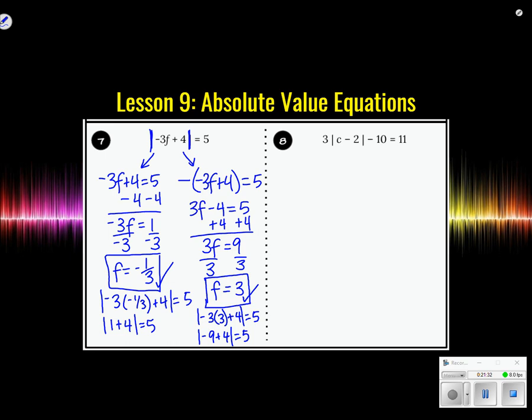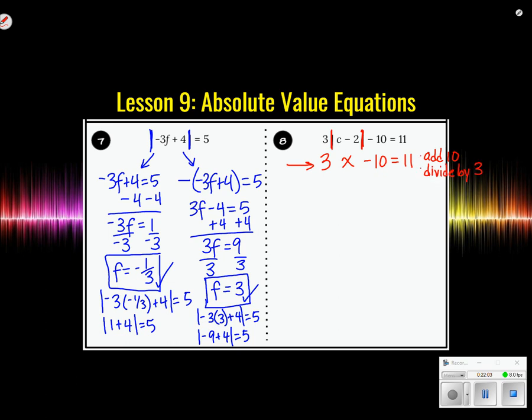Okay, let's look at 8. I love 8. 8 is my favorite. I love problems like 8 because my absolute values are not by themselves. So think of it like your absolute value is replaced with x. That's what I would do first. Okay. Now, when you would solve this, what would you do? Wouldn't you add 10 and then divide by 3?